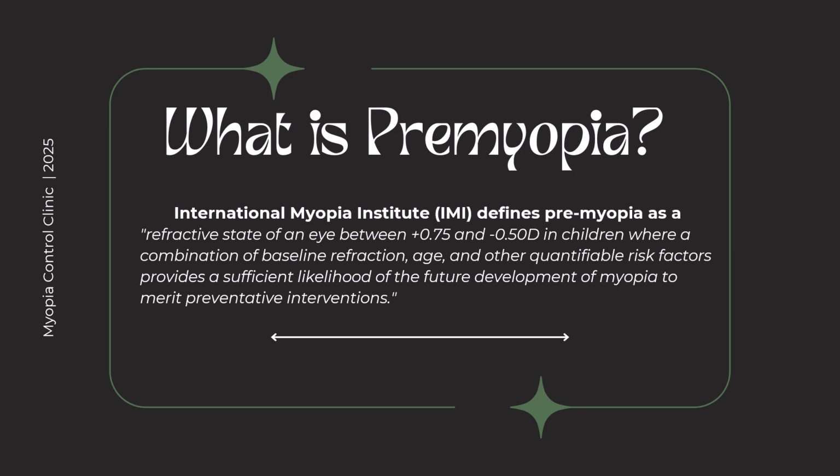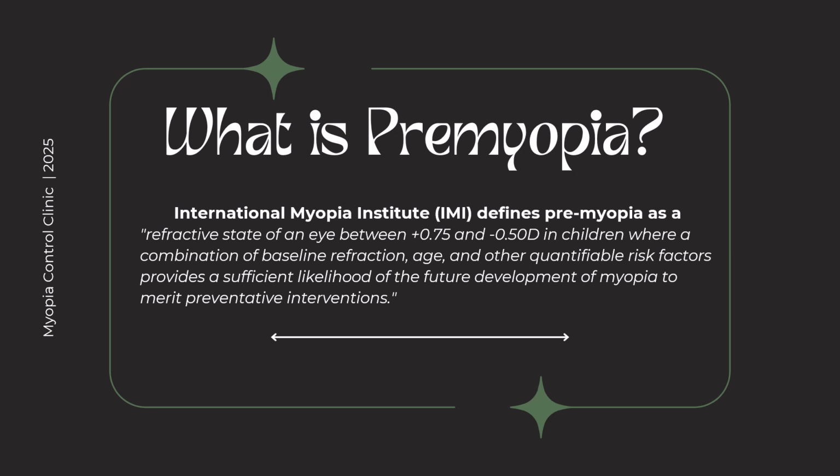Now, it is very easy to criticize: why plus 0.75, why is a refractive state with a power of plus 0.75 being called for preventive interventions? This is made clear by saying that it is the age and other risk factors, which may be family history or near work, or a definitive history or likelihood of reduction in hypermetropia and increase in axial length over the last 1 year or 1.5 years.